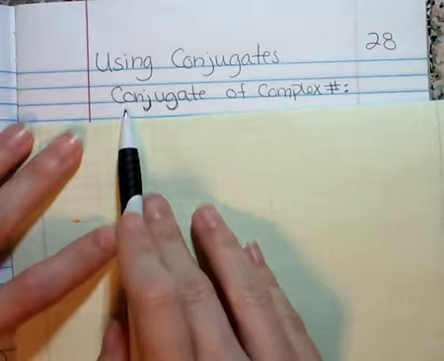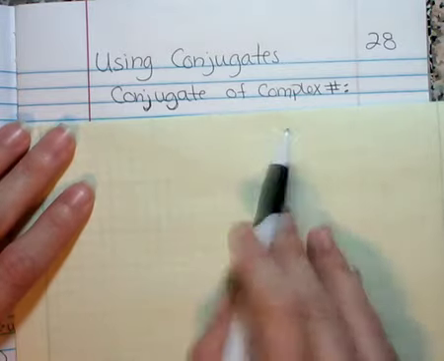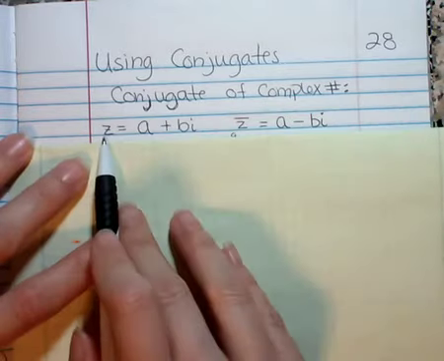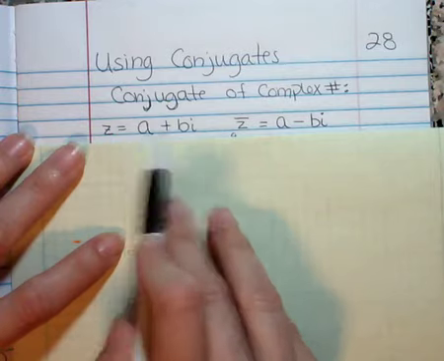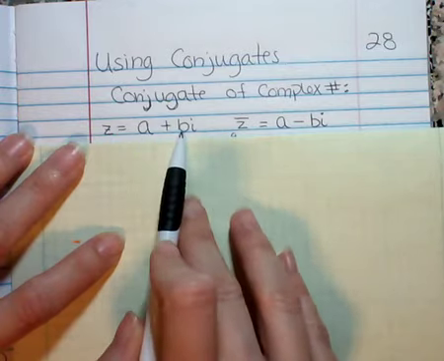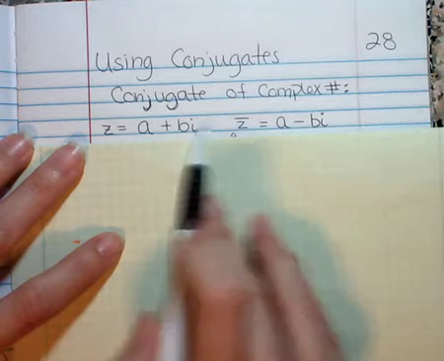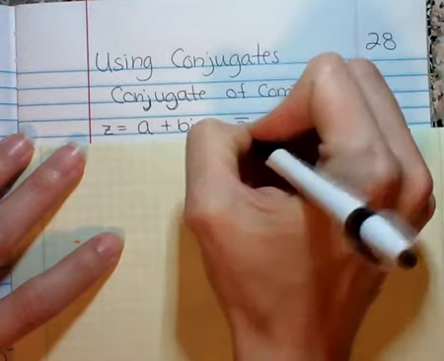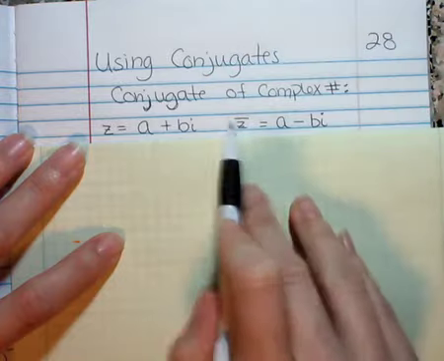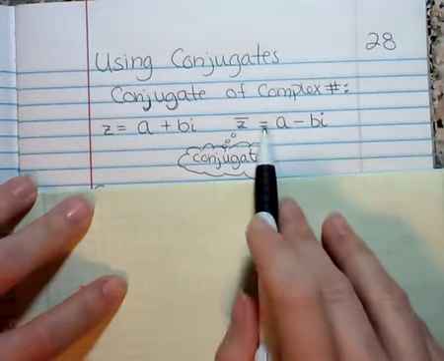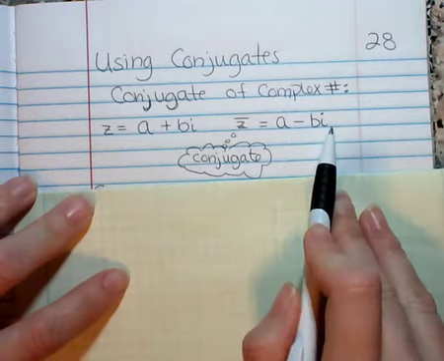So we need to understand what a conjugate of a complex number is. For example, if z equals a plus bi, so some number a plus some number bi, then our conjugate, which we write as z with a bar over the top, so this bar means conjugate, would equal a minus bi.